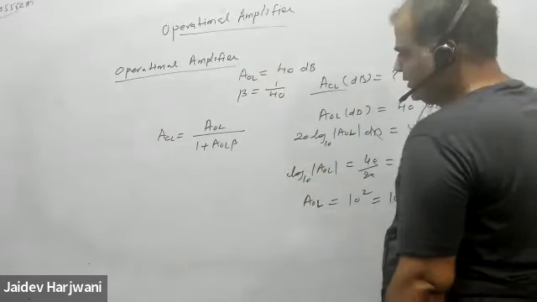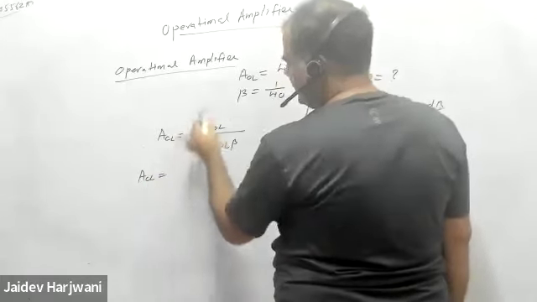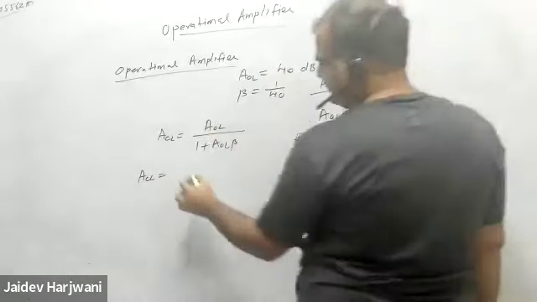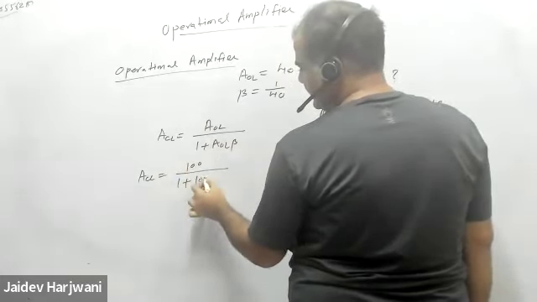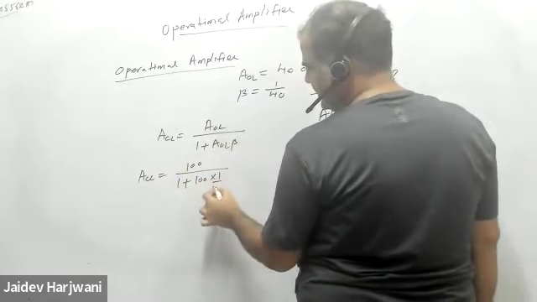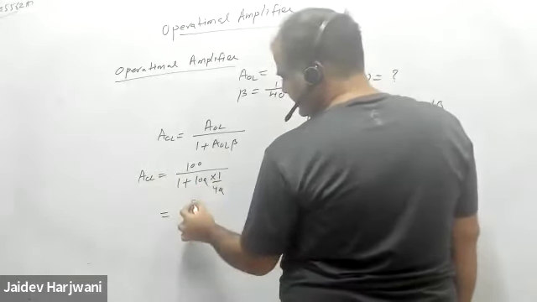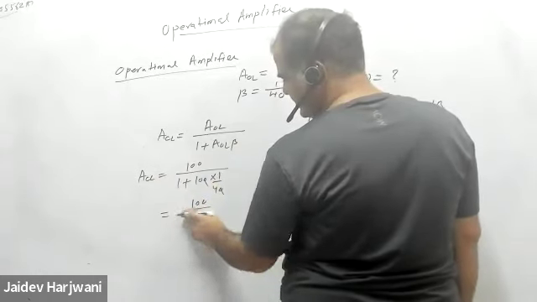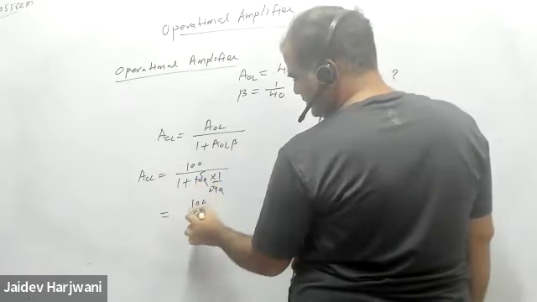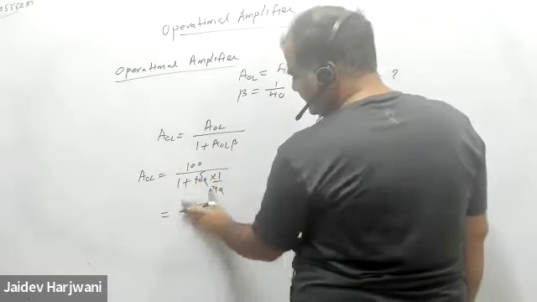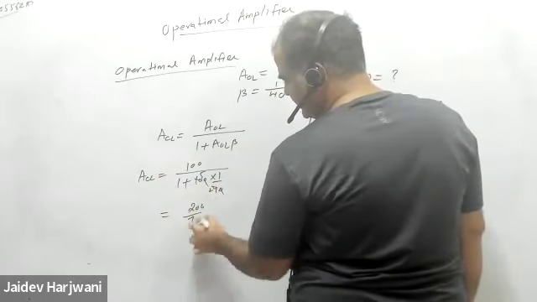So now closed loop gain will be your AOL, which is 100, divided by 1 plus 100 times 1 by 40. So this will become how much? 100 divided by 1 plus 5 by 2, so this will become 200 by 7.